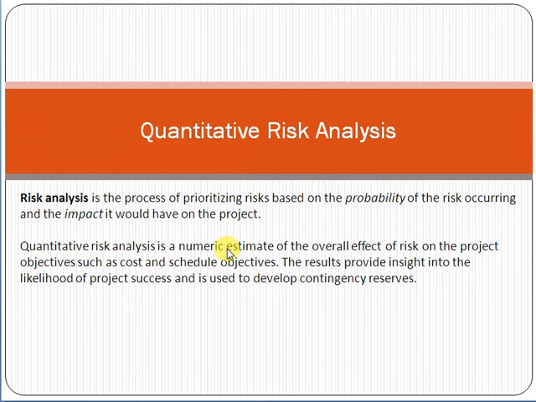You must have the probability and the impact, and based on numerical calculation, you analyze the risk. So friend, if you remember one term here, quantitative risk analysis is based on numerical calculation. Based on that, we analyze the risk and prioritize it accordingly. That is the concept of quantitative risk analysis.